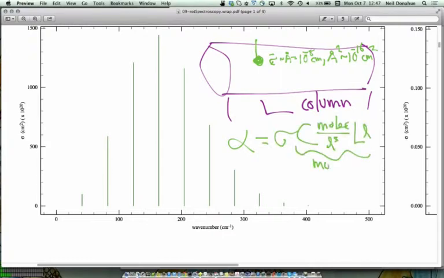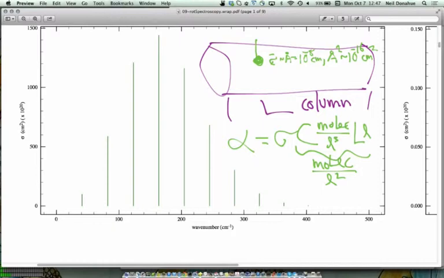Now, to get the total area that all of the molecules in this column present to that photon as it tries to get through the column, we have to take the cross-sectional area of an individual molecule, multiply it by the concentration of all the molecules in this absorption cell, and then multiply that by the length of the cell itself.